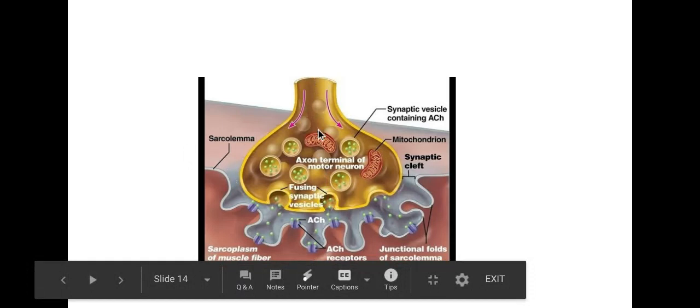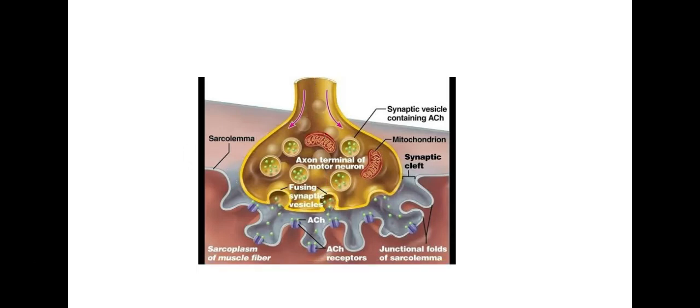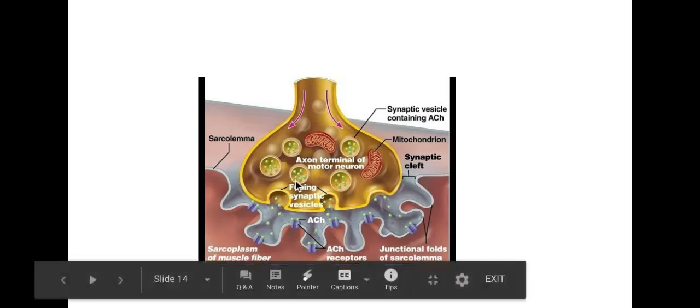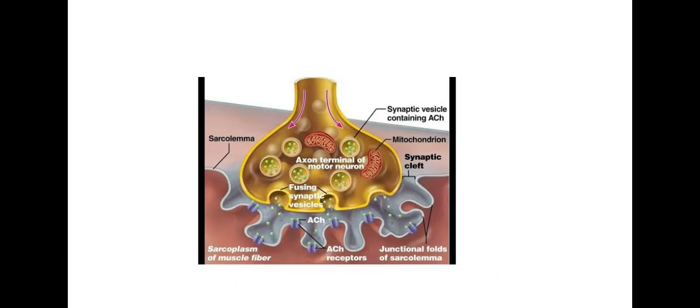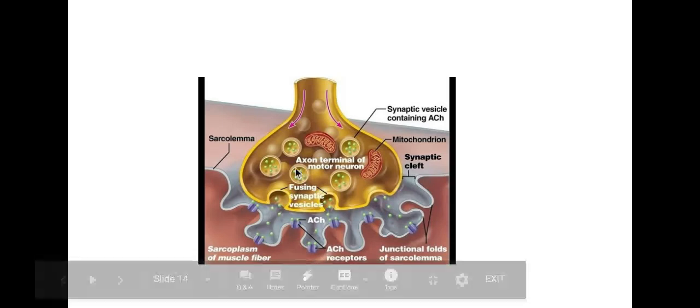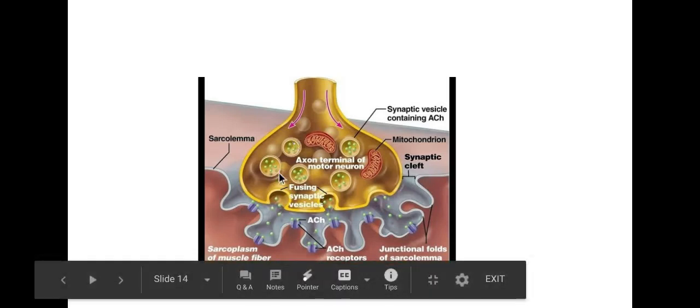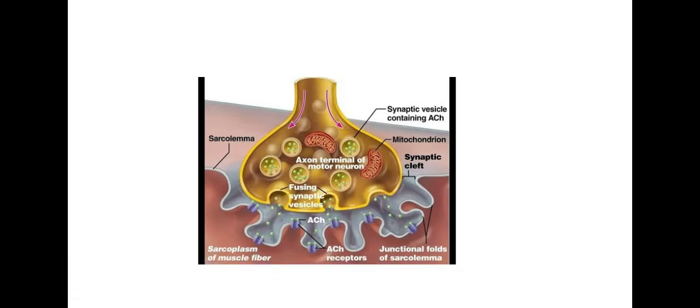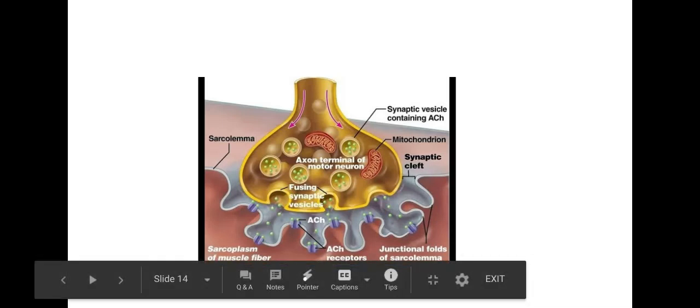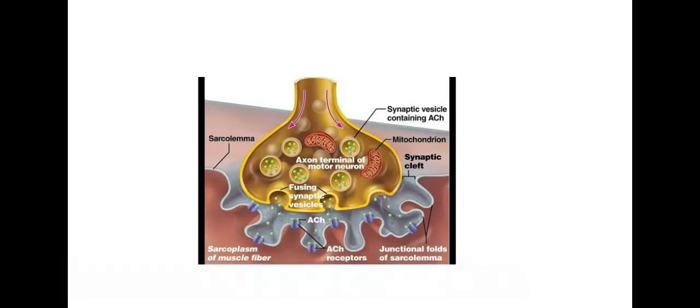This axon of this nerve cell has these vesicles that are filled with acetylcholine, which is a neurotransmitter. Those vesicles are going to fuse with the membrane at the end of the axon, and when they do that, that acetylcholine is going to go into the synaptic cleft.